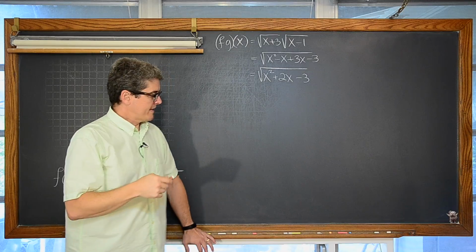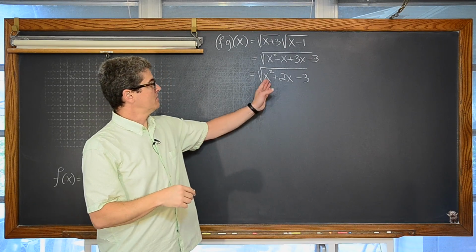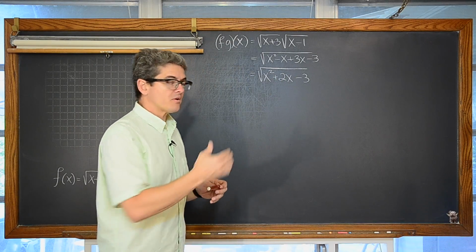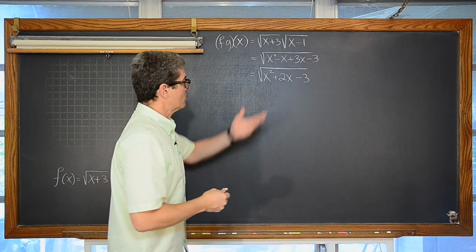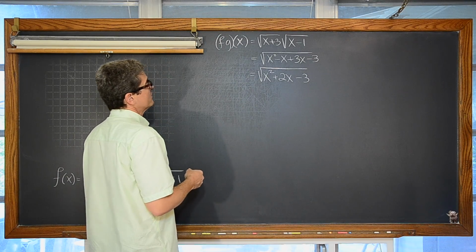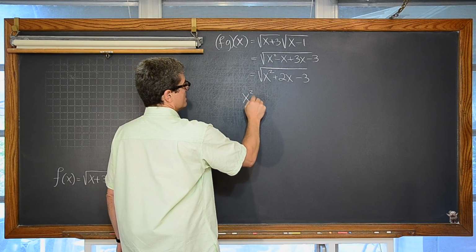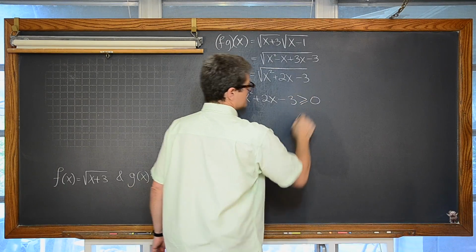Excellent. Now, how do we make sure that this expression is going to remain positive? Probably the hardest domain question out of this entire section of my pre-calculus book, or probably your book, whatever you're using at this time. We need to make sure that x squared plus 2x minus 3 remains greater than or equal to 0.